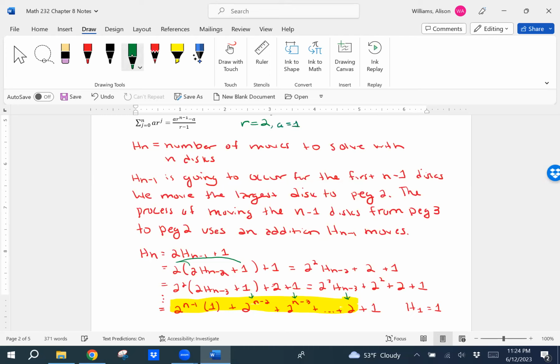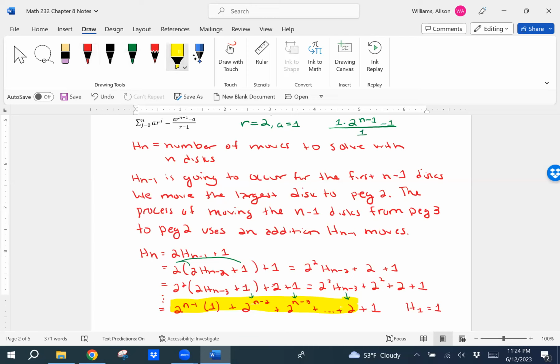which means if I plug that into this formula, the sum is going to equal 1 times 2 to the n minus 1 all over 2 minus 1, which is going to sum up to 2 to the n minus 1.